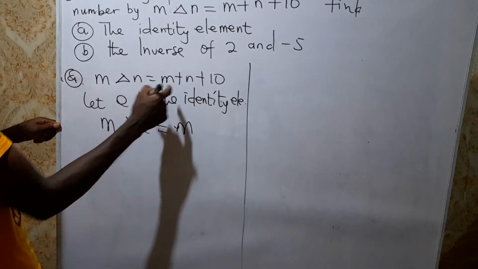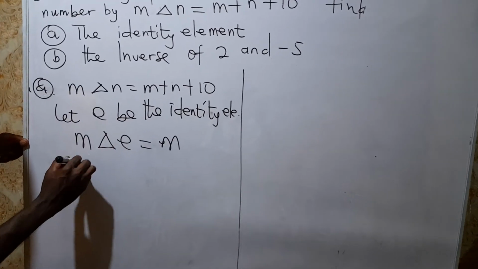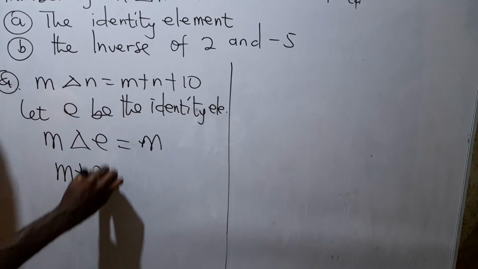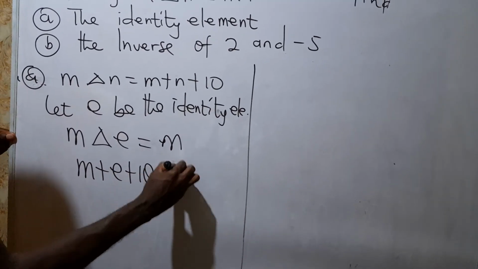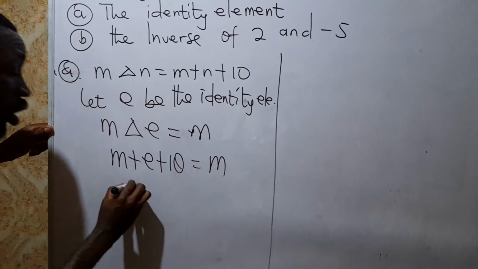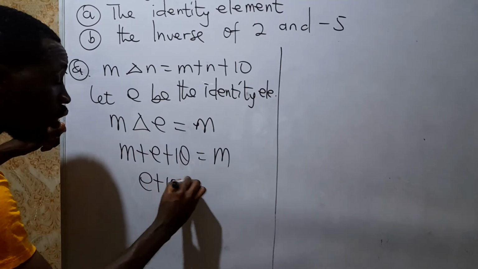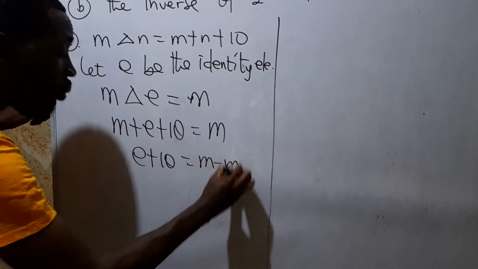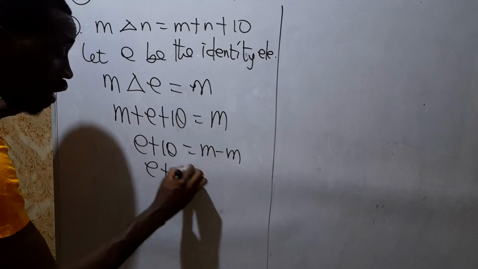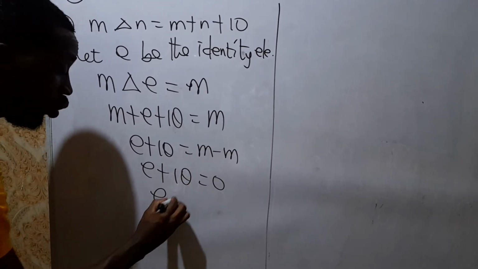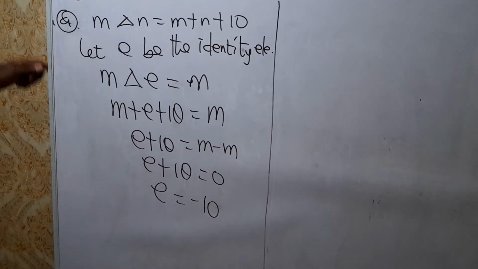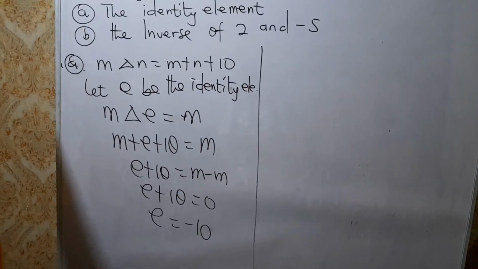So in place of n, we substitute the e. We have m plus e plus 10 equal to m. So our e plus 10 will be equal to m minus m. e plus 10 equal to 0. e will be equal to -10. Then we can say the identity element is -10.